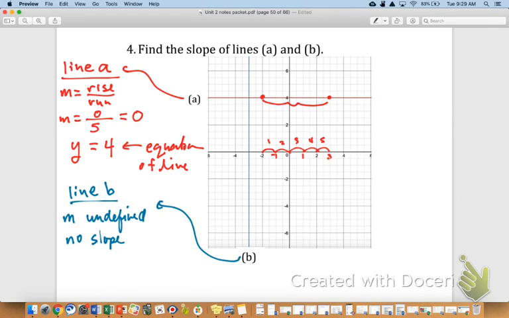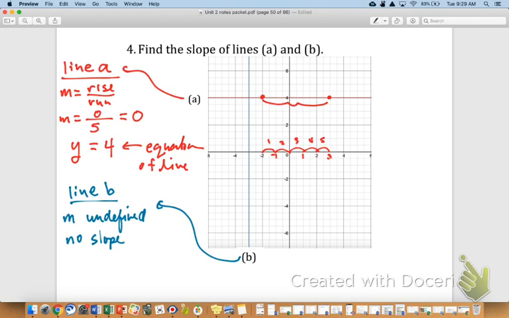No slope. Undefined. So, guys, I'd say both of the comments up there are right on the money. Let's talk about why.